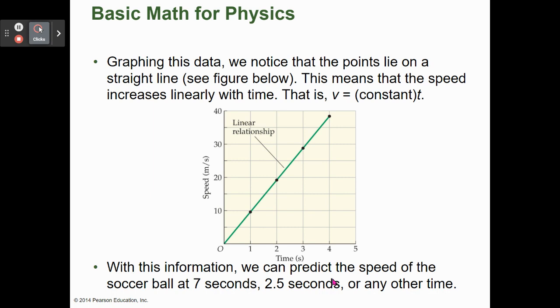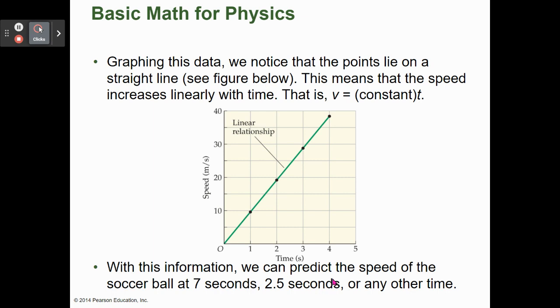What about at 2.5 seconds? 25. How'd you get that? It's on the graph. Well, how did you find it? On the graph. Be very specific. I went over to 2.5, and then what did I do?